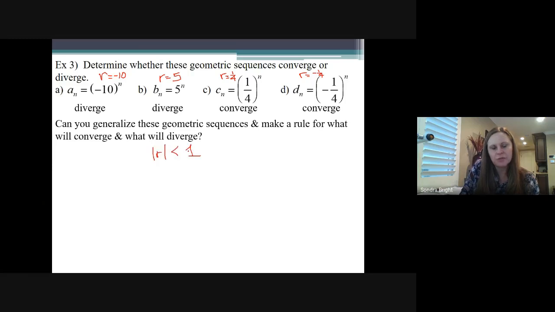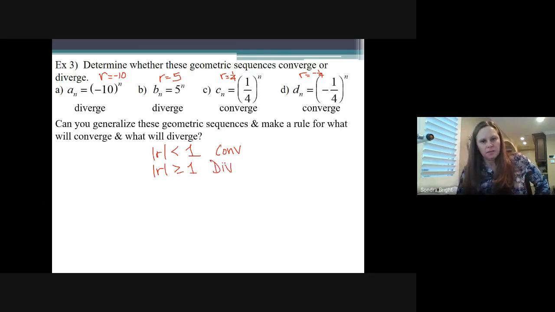If the absolute value of r is less than 1, it converges. And when the absolute value is greater than or equal to 1, it diverges. Well, when it's equal to 1, it's not even a geometric sequence because it's just 1, 1, 1.